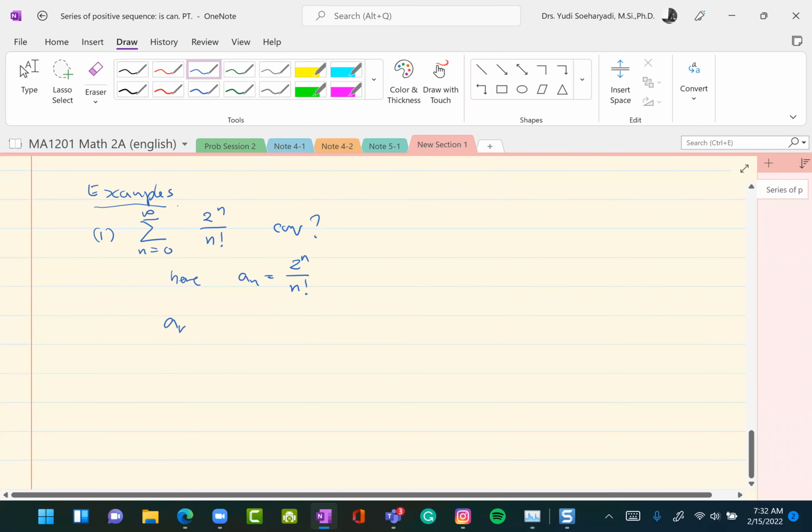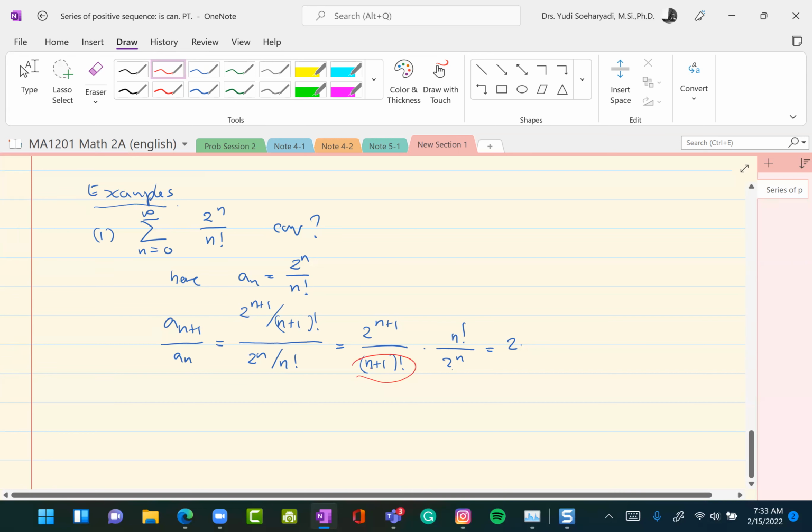So we compute the (n+1)th term divided by the nth term, and there's something nice here: you have a lot of cancellations. 2 to the n cancels, so the 2 remains.